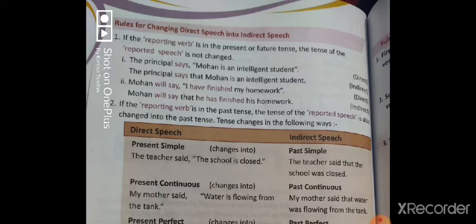Mohan is an intelligent student is the main part of the sentence. This is the reported speech. The words that are used in the direct speech are known as reported speech. So whenever the reporting verb is in present tense or future tense, the reported speech is not changed. Like Mohan is an intelligent student is in present tense, so it is not changed. All right.